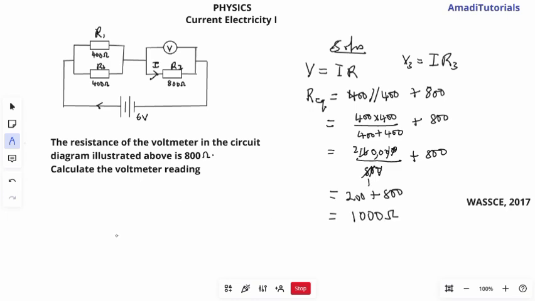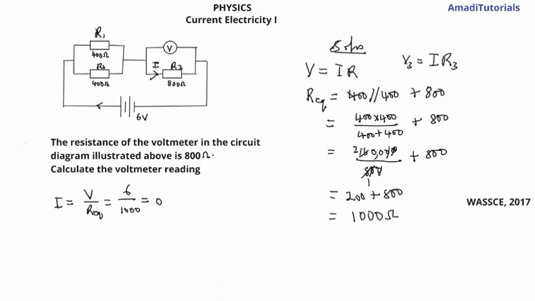So having gotten the equivalent resistance, our total current will be the total voltage, which is 6, divided by the equivalent resistance. So 6 divided by 1000 will give you in decimal 0.006 amps.